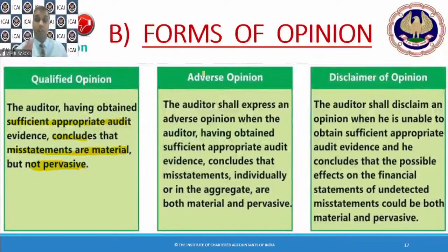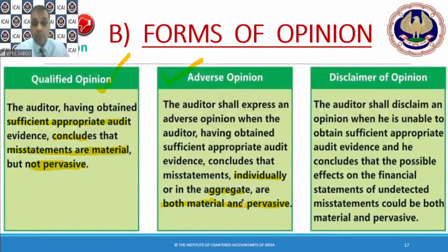Adverse opinion. Adverse is where the opinion deteriorates further. The auditor shall express an adverse opinion when the auditor, having obtained sufficient appropriate audit evidence, concludes that misstatements individually or in the aggregate are both material and pervasive.